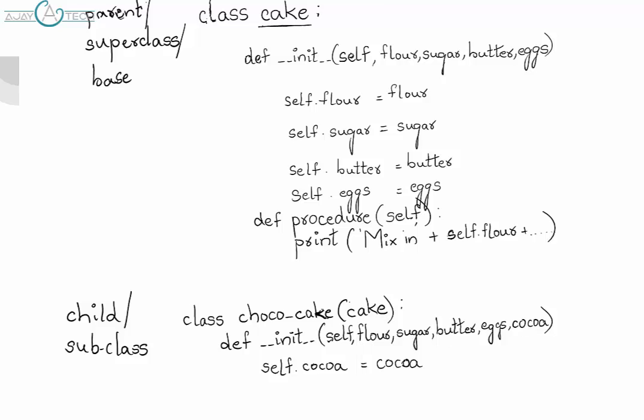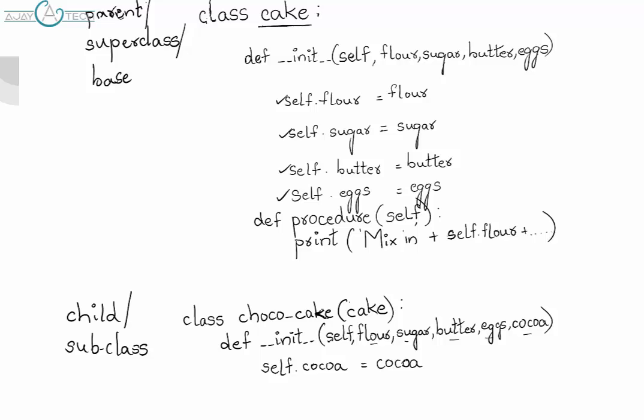Coming to our child class or subclass chocolate cake, I have defined an init method here, and these are the parameters that I've passed to the child class's init method. And I have initialized the instance attribute self.cocoa. All other parameters, flour, sugar, butter, and eggs, have already been initialized in the parent class's init method.